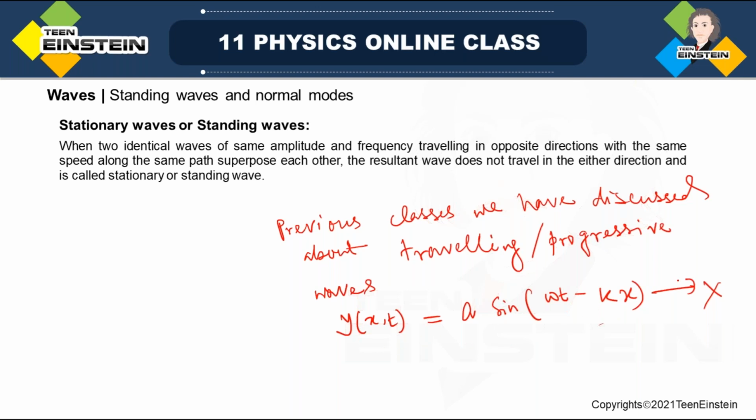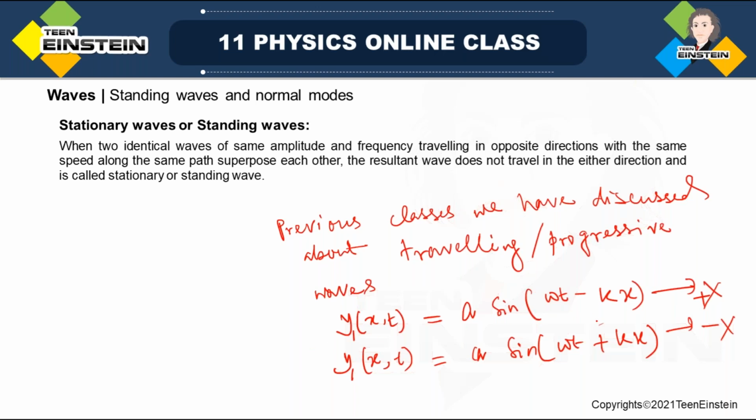So this one is moving towards the positive x direction from the origin to infinity. And this is another traveling wave. Suppose this is y1, and this is y2, which we can consider as sine of omega t plus kx. This means the wave is traveling in the negative x direction. So these are traveling waves.